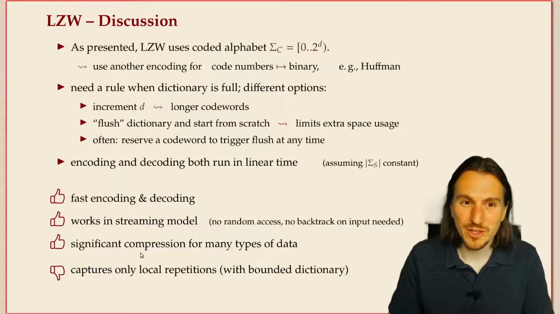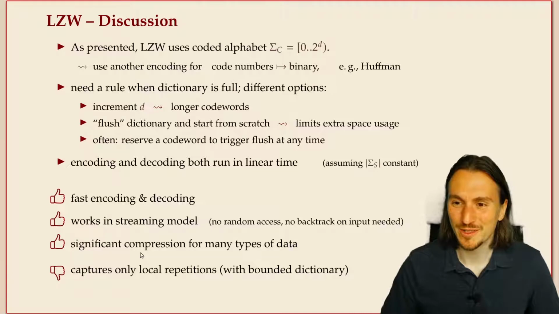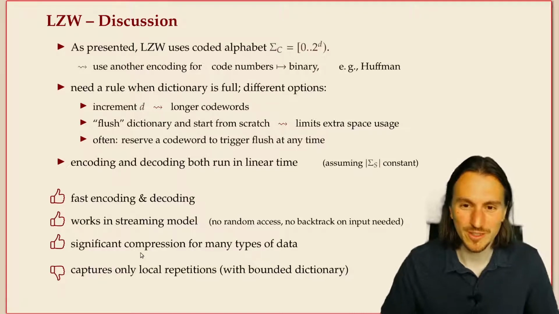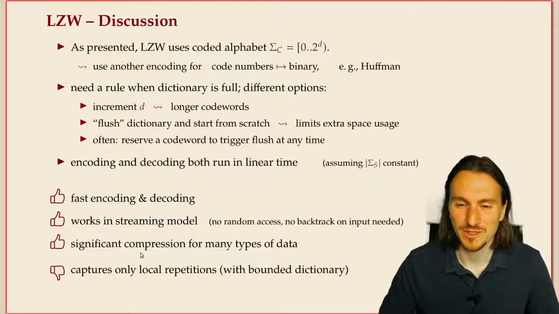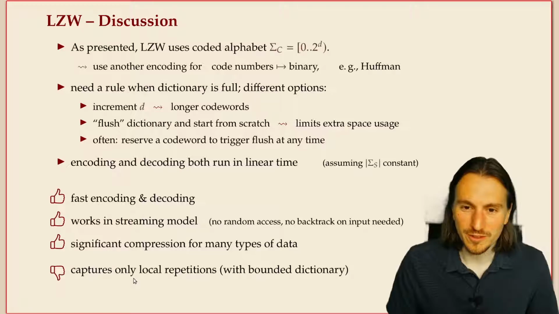It does achieve very good compression for many typical kinds of data. I will always have these two examples: English language text, or natural language text in a Western language, or biological sequences. Lempel-Ziv-Welch turns out to work well for these, often achieving reductions of more than 1/2, of more than a factor 2.